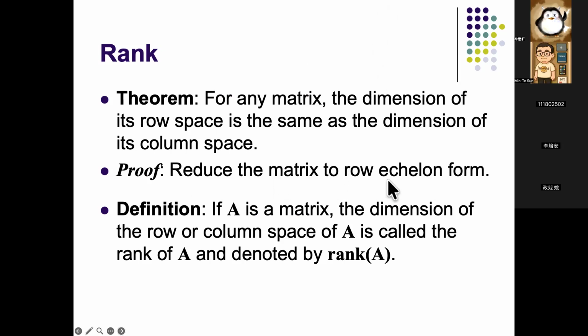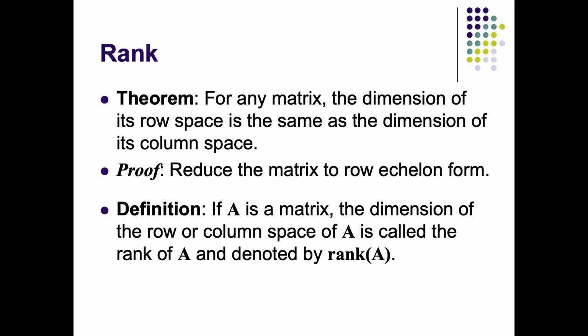What does it look like? 不知道怎么讲。When you reduce a matrix to row echelon form, some rows at the bottom may be all zero, right?